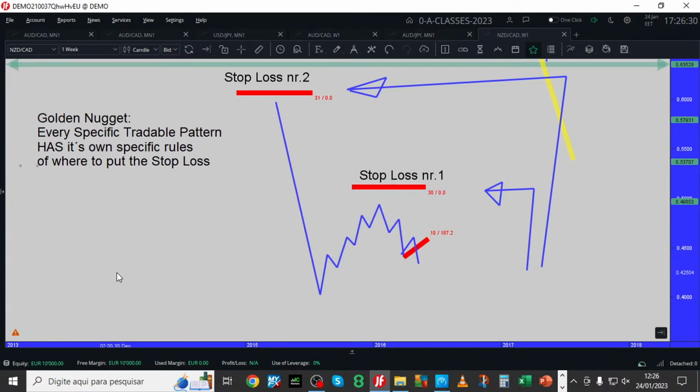The market wave, the short-term trend, the head and shoulders, pennants, unicorns and dolphins, everybody, they have specific rules where to put the stop loss.